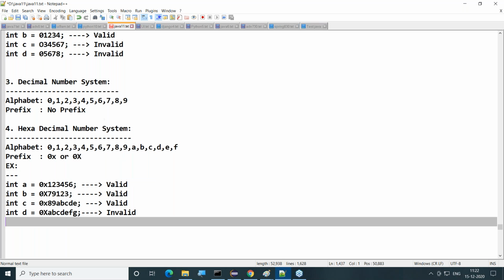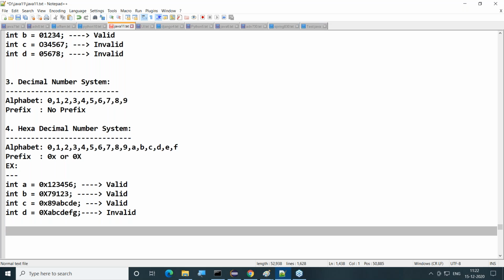Why is it invalid? The reason is that G is included. But in hexadecimal number representation, only the elements up to F are available. G is invalid and is not going to be included.